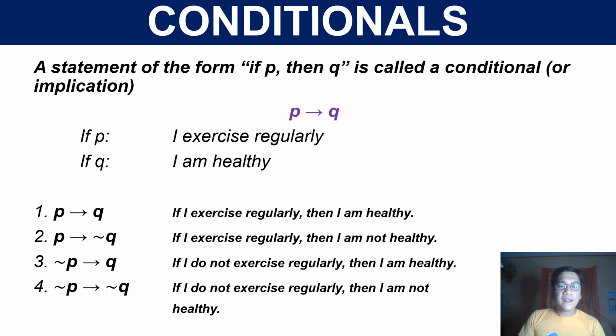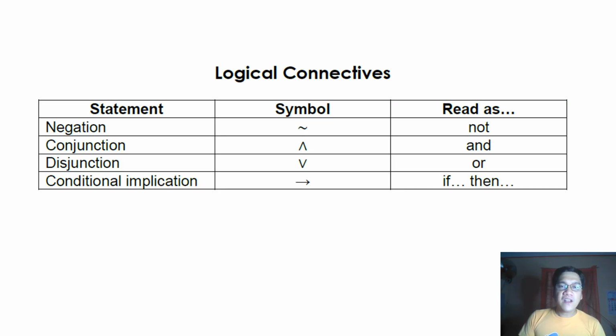Number four, negate P implies negate Q. If I do not exercise regularly, then I am not healthy. So, those were the different types of compound sentences in relation to mathematical sentences or mathematical statements.